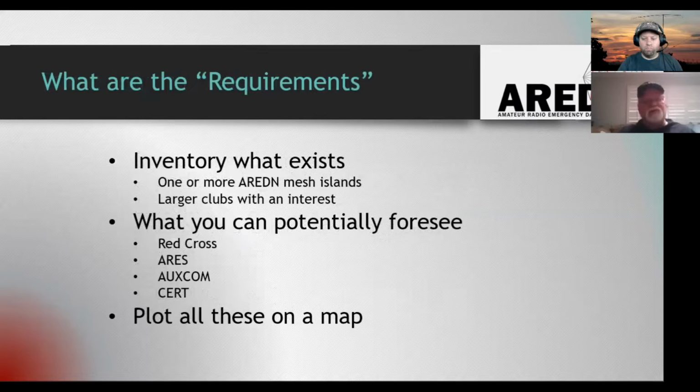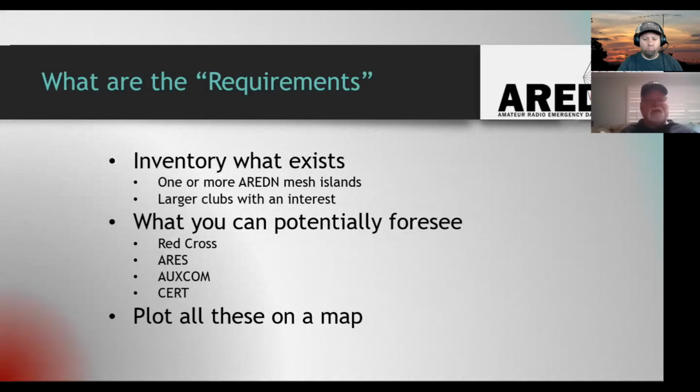So in order to get started with that, you will want to inventory what is already going on with respect to AREDN technology in your area. And maybe there are one or more AREDN mesh islands that have started to get built.